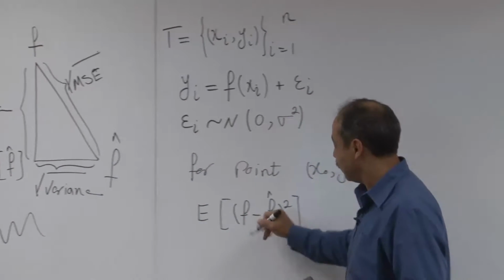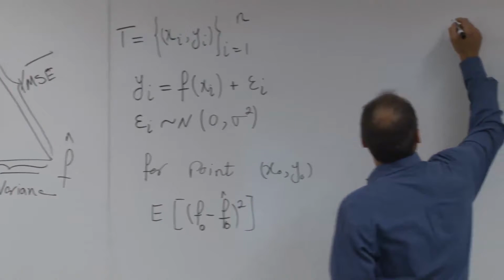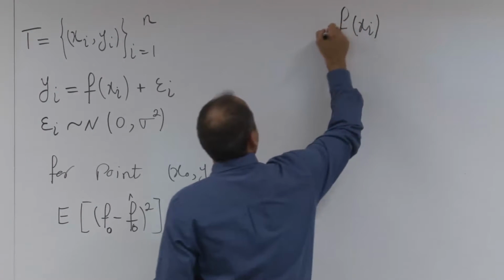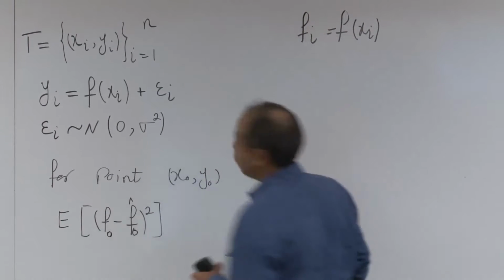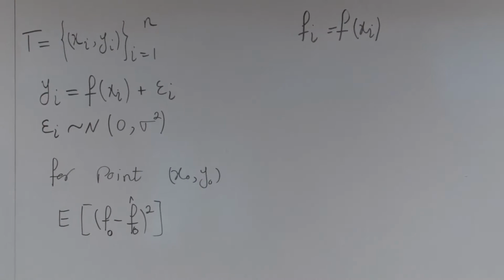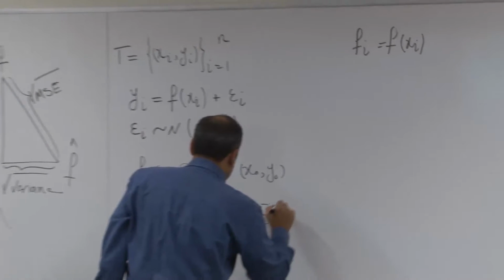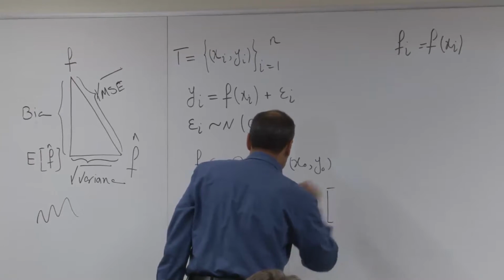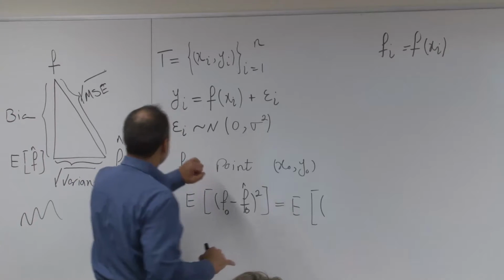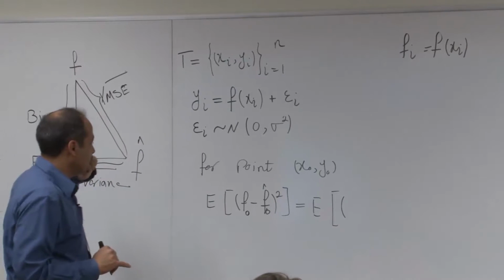I want to make this small. F of xi, I will write as f of i as well. So I want to make this distance small. But let's see what this distance is. Y null is basically f plus some epsilon, right?